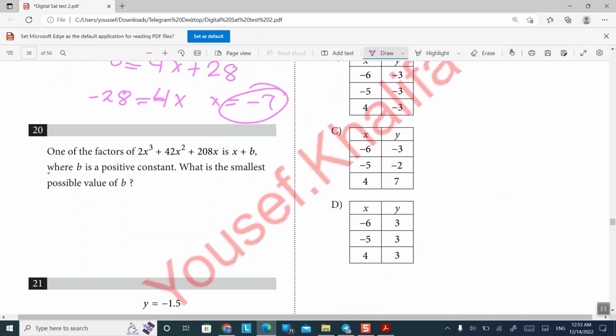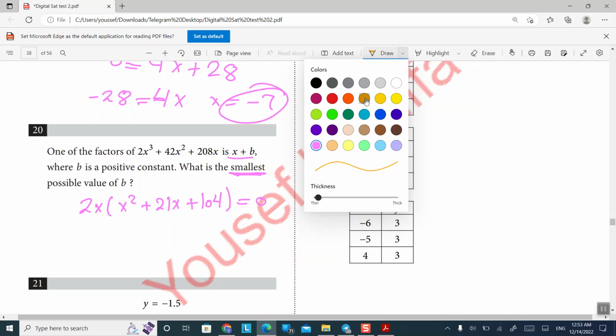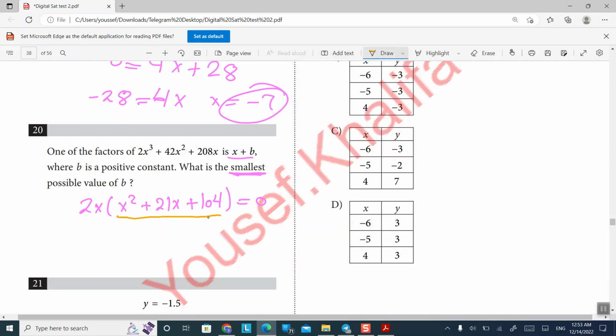So here in question 20, it says one of the factors of that equation is x plus b, where b is a positive constant. What is the smallest possible value of b? Okay, so let's take a common factor here of 2x. So 2x times x squared plus 21x plus 104 is equal to 0. Using your calculator, put this equation in your calculator, mode 5 3.